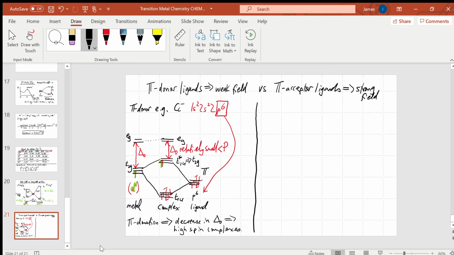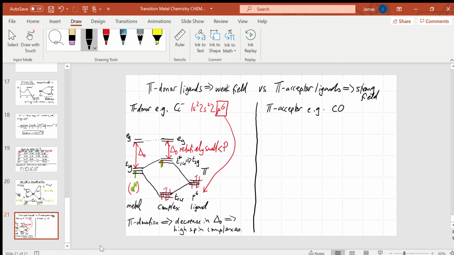Okay, let's look at pi acceptor ligands now. And our example of a pi acceptor is going to be carbon monoxide.